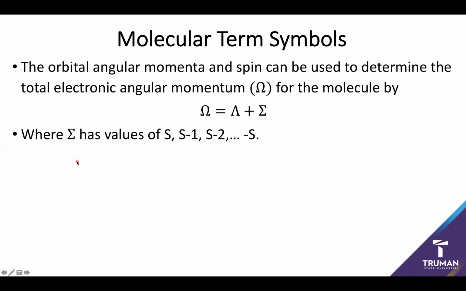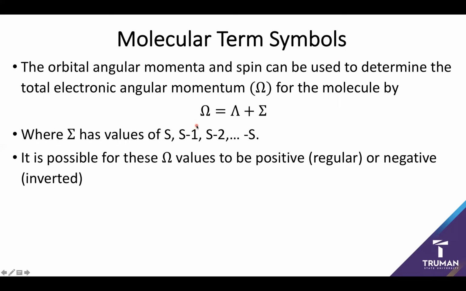So sigma here is going to have multiple possible values, anywhere going from our spin eigenvalue to our negative spin eigenvalue. And this will produce slightly different results than a typical Clebsch-Gordan series, because this time our total electronic angular momentum can actually be positive or negative. So it's always going to be centered upon our total orbital angular momentum, but it can deviate based on the spin.